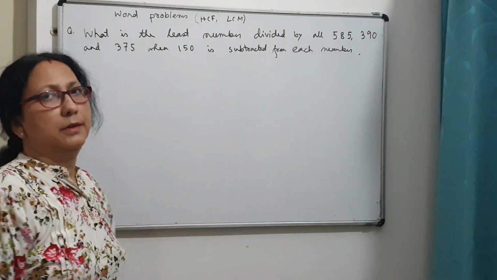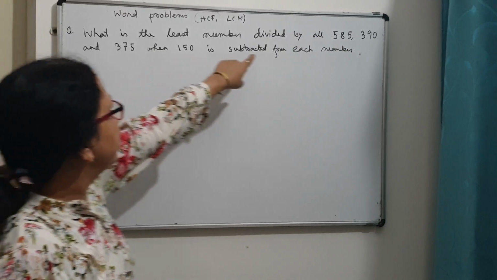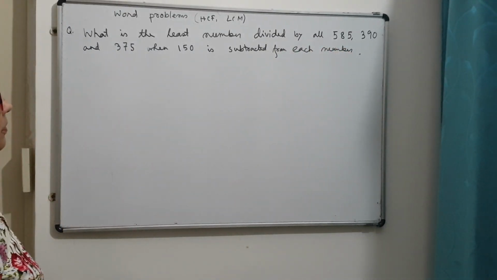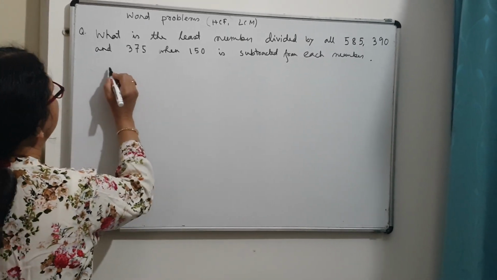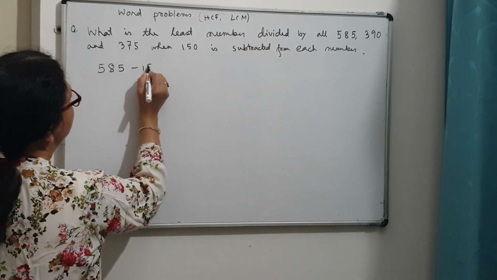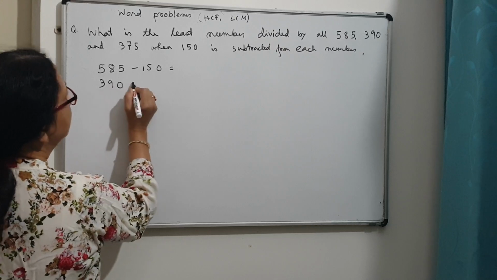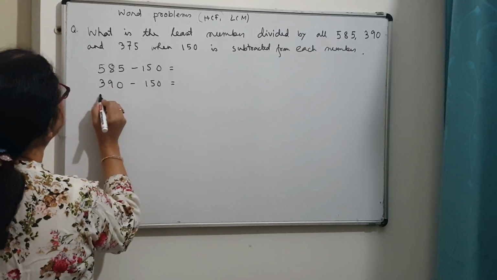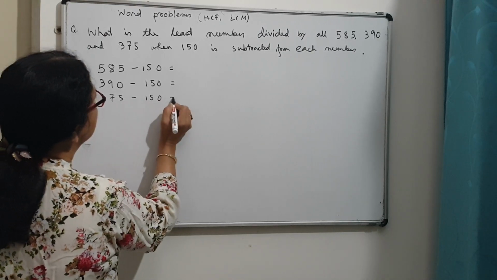So that means when 150 is subtracted from these three numbers, we have to find those numbers first. So 585 minus 150, you have to find out. Then 390 minus 150, and the third number 375 minus 150.